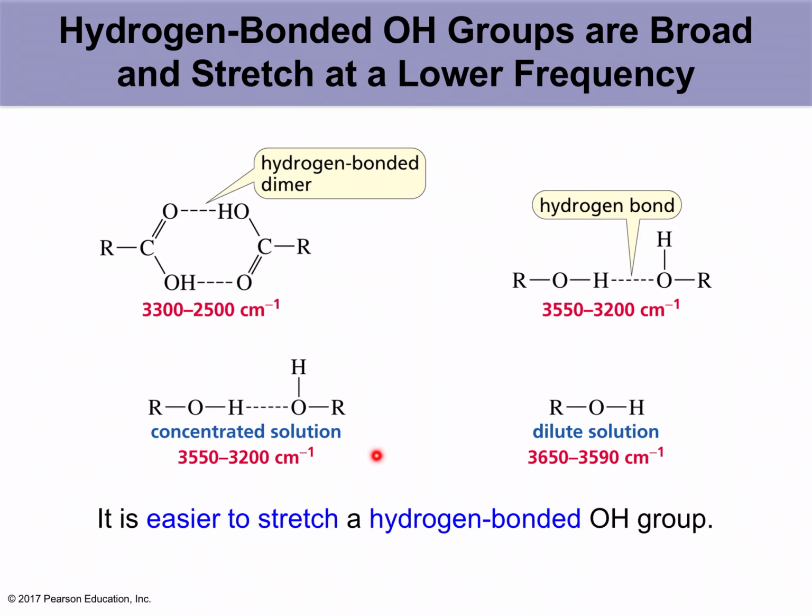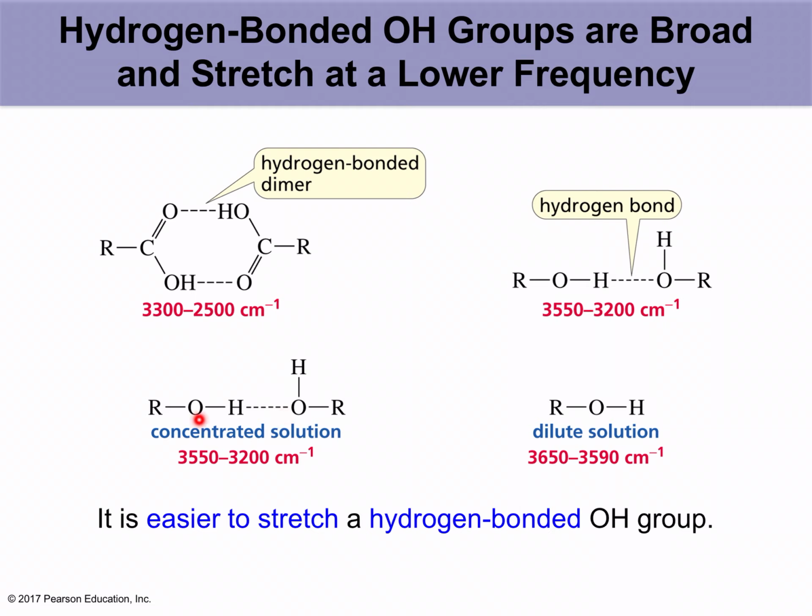Okay, and then let's see the difference between concentrated solution versus dilute solution. Which solution do you think can have more hydrogen bonds? Concentrated solution, meaning you have more alcohol molecules, or dilute solution that has fewer alcohol molecules? It would be more hydrogen bonding in a concentrated solution. So then you can have more hydrogen bonds.